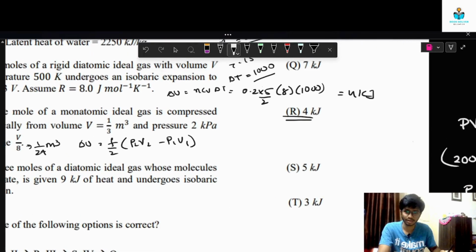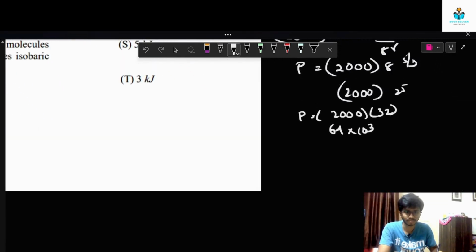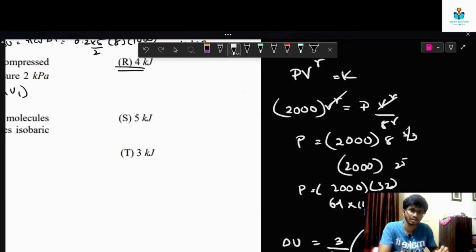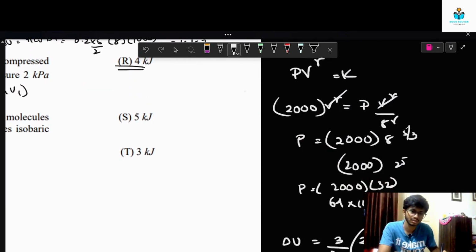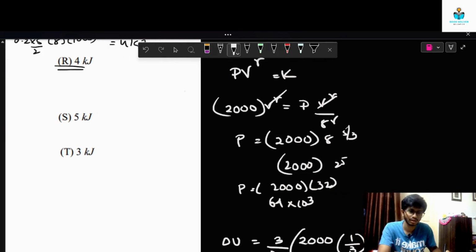Which is 64 into 10 to the power 3. Okay, so delta U is equal to 3 by 2 into P1, which was 2000, into 1 by 3, minus 64,000 into 1 by 3 into 8.